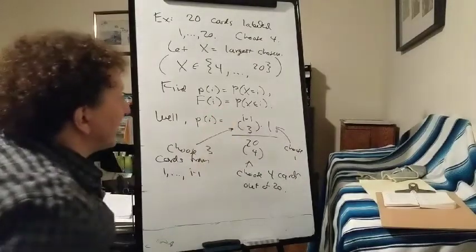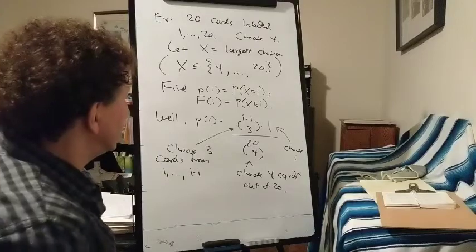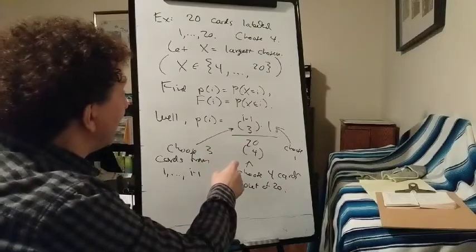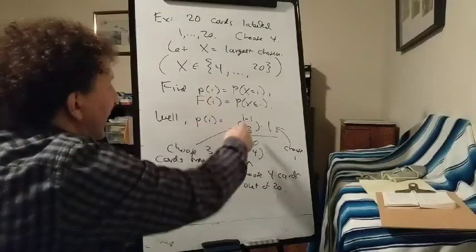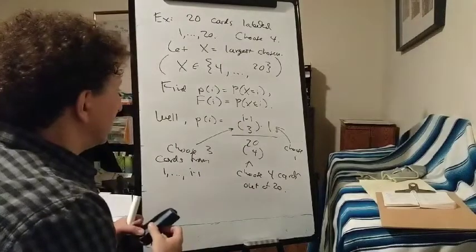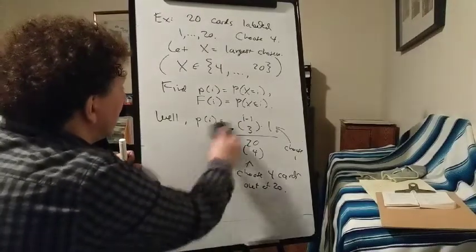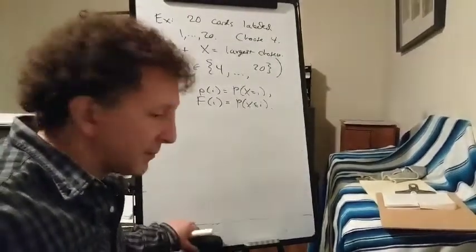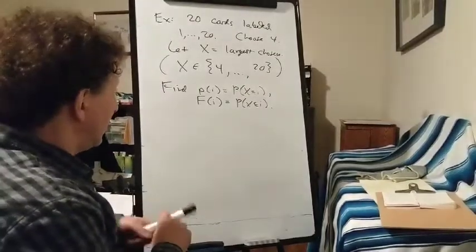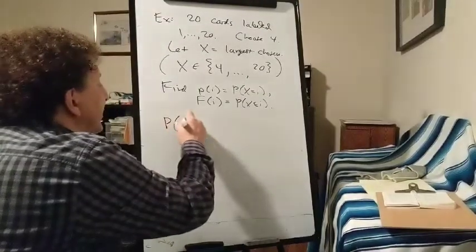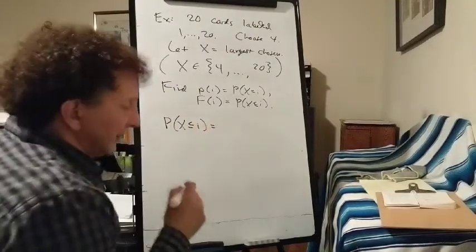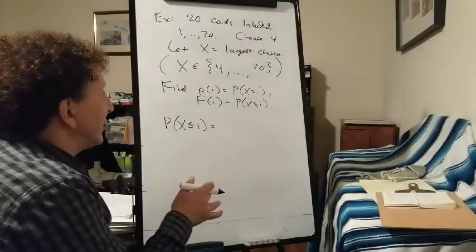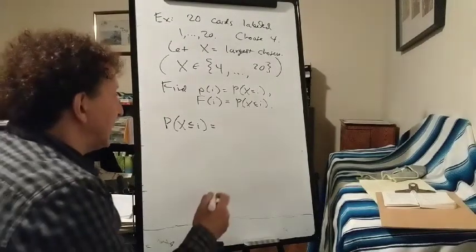Now let's check out the probability that the largest card is less than or equal to i. So we could add this up for the number equals 4 up to i, but there's an easier way to do it. So the probability that X is less than or equal to i is, let's see, the number of ways to choose 4 cards so that the largest one is less than or equal to i. So I guess all 4 of them are going to be less than or equal to i.